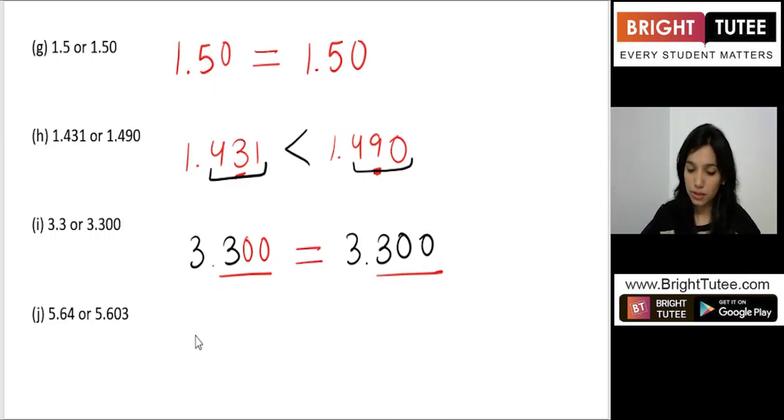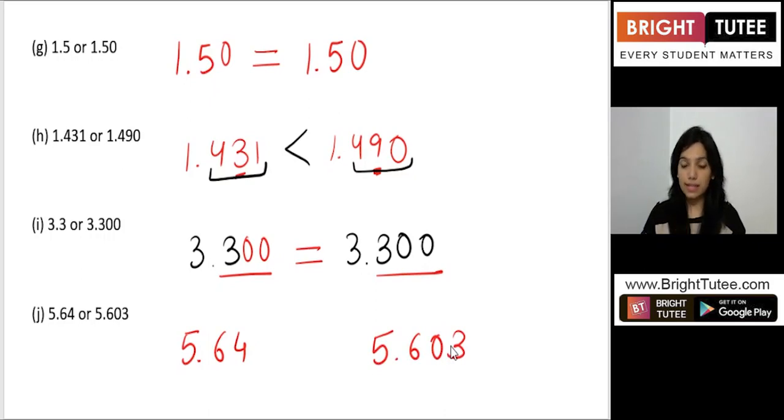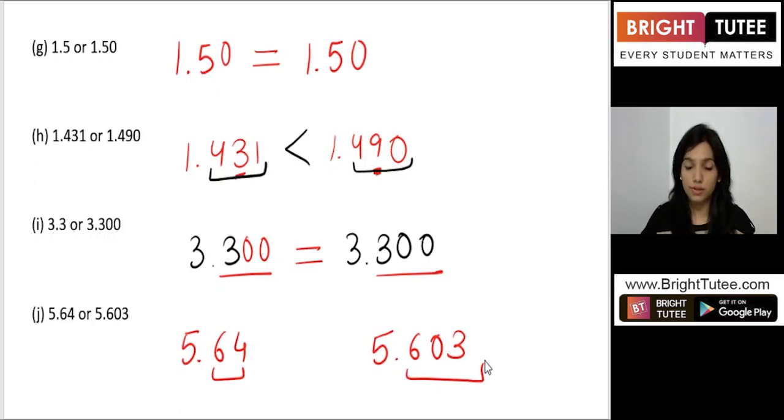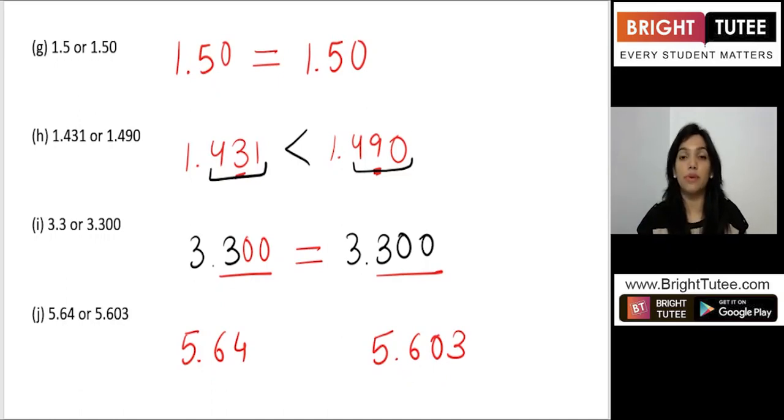Moving to the next one, here it is 5.64 and this is 5.603. Again, as I said, you cannot read this as 64 and this as 603. No, it will lead to a wrong answer. You should never read these numbers as whole numbers. Numbers after the decimal point are read as individual digits. So it is 5.64.